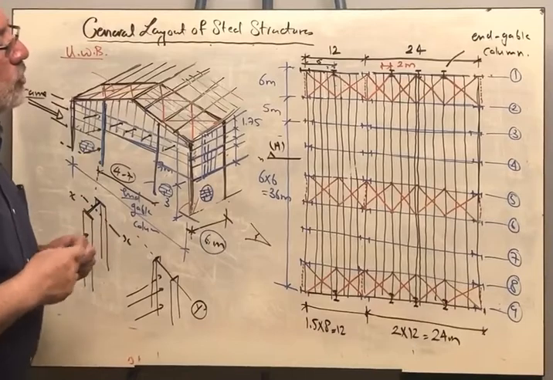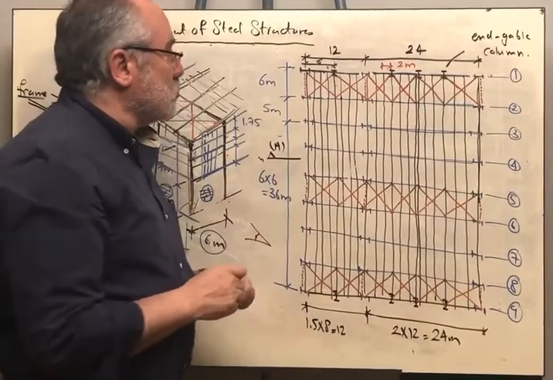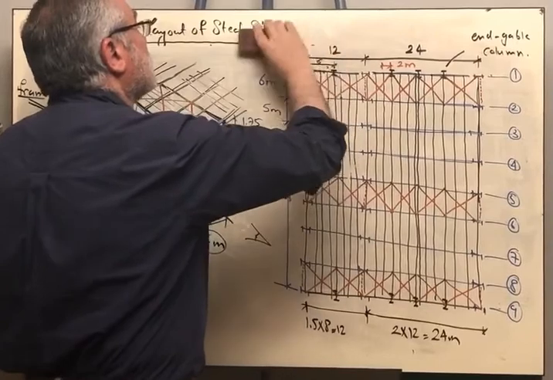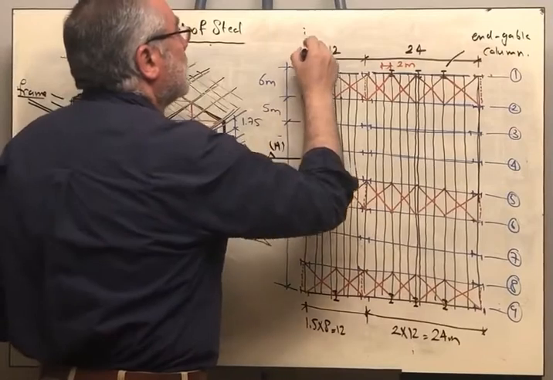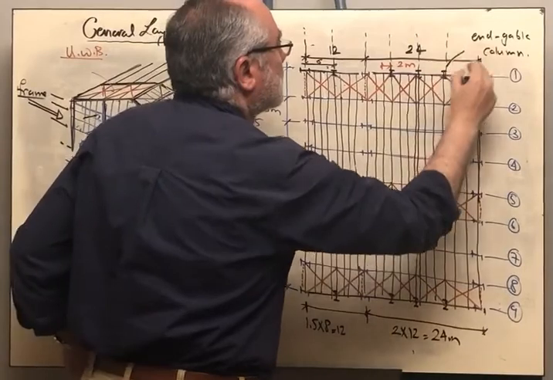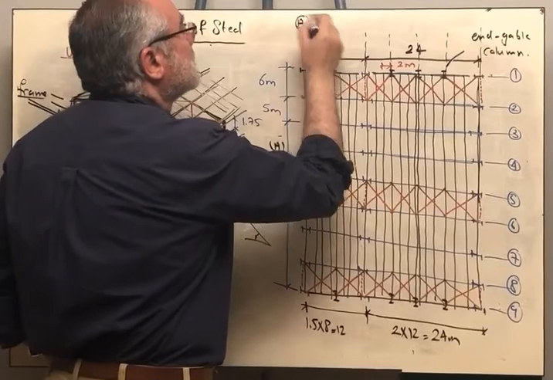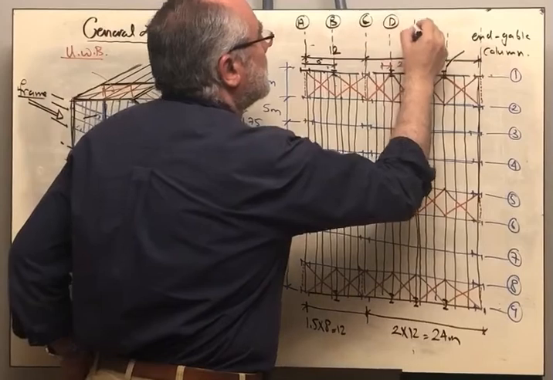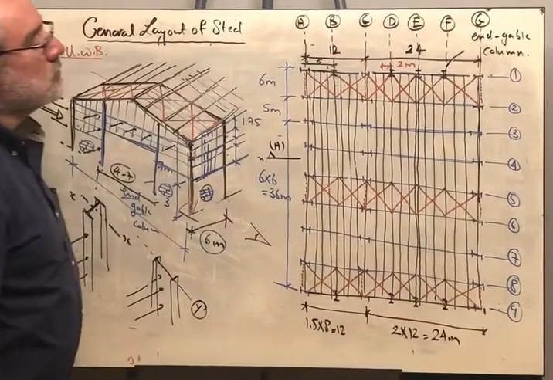If you would like to provide axes, any column that is constructed usually is associated with an axis in our drawing, so we can put here, this is axis 1, 2, 3, 4 up till 9, so this can be axis A, B, C, D, E, F, and G. Okay?